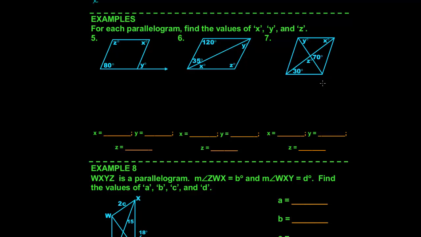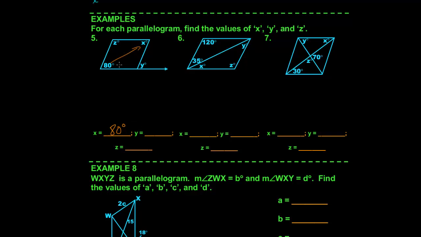Moving on, this will be our examples 5, 6, and 7. For each one, find the values of x, y, and z. Alright, we can immediately start off by looking at the angle directly opposite, because by definition, they're parallelograms, so those are equal. So our x is 80 degrees.